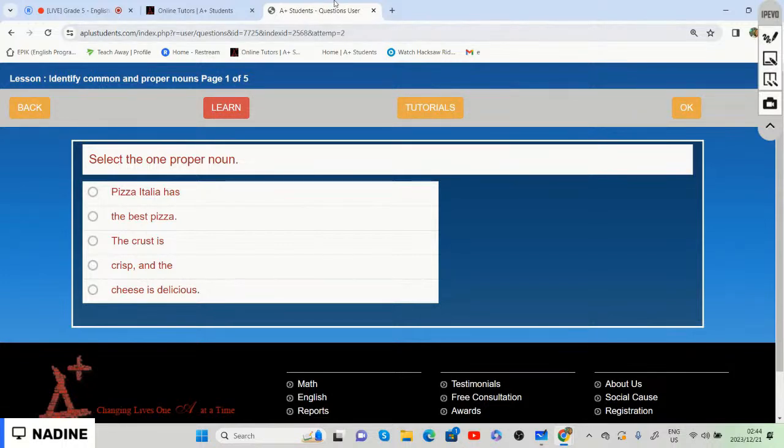We capitalize proper nouns. That is going to be a clue for you. So in the options, which one is capitalized?